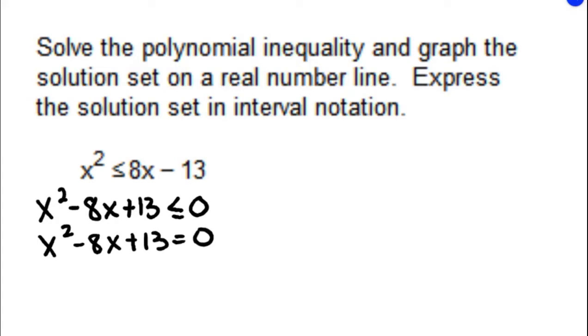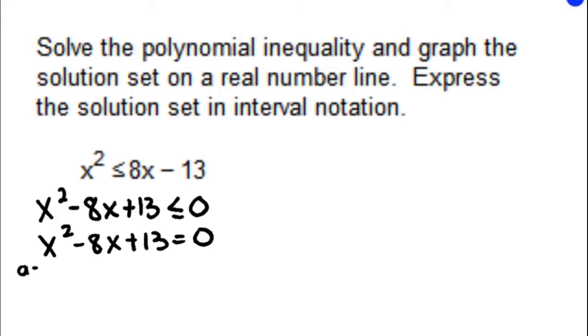So I'll try to factor this. The factors of 13 are 13 and 1, and they don't add up to the middle term of 8, so it doesn't look like we're going to be able to factor. So instead, I'll solve using the quadratic formula.